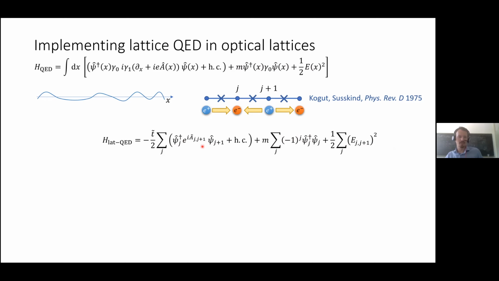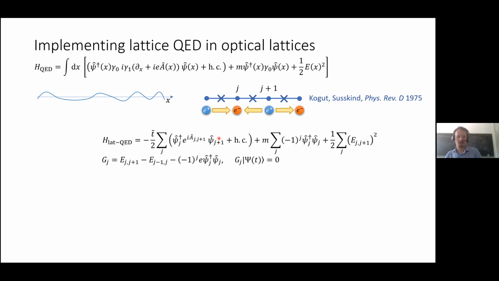That's nothing else than if the fermion tunnels and moves along the link, so here, from here to here, for example, then it picks up an Aharonov-Bohm phase that corresponds to the gauge field sitting on the link, and this appears here. Only that it's not an external magnetic field or so, but it's some dynamical quantity and there's some feedback.